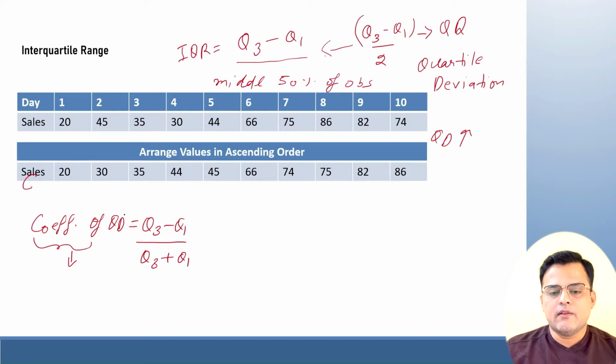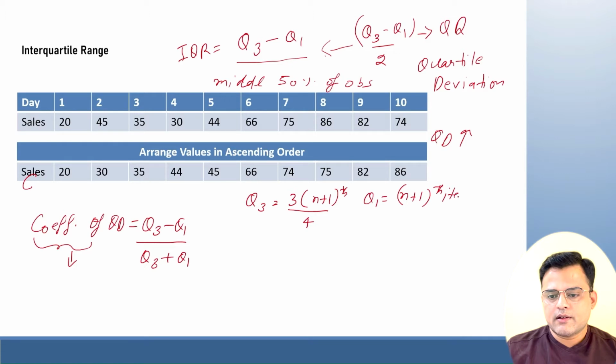Now quartile, if you have seen the last session, Q3 is 3 into (n plus 1)th item by 4 and Q1 is (n plus 1)th item by 4.